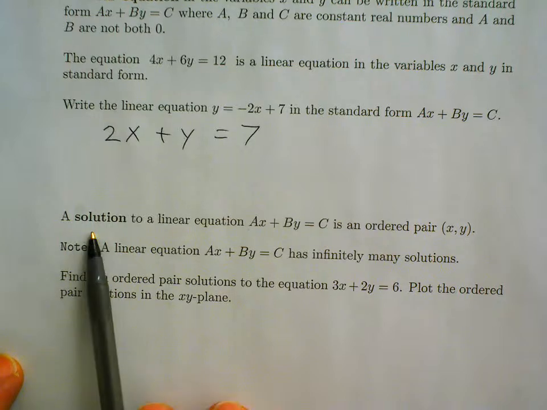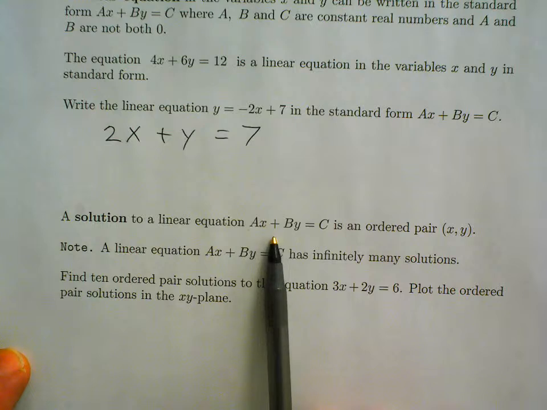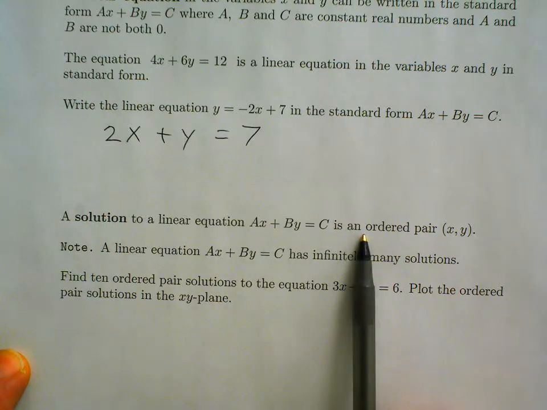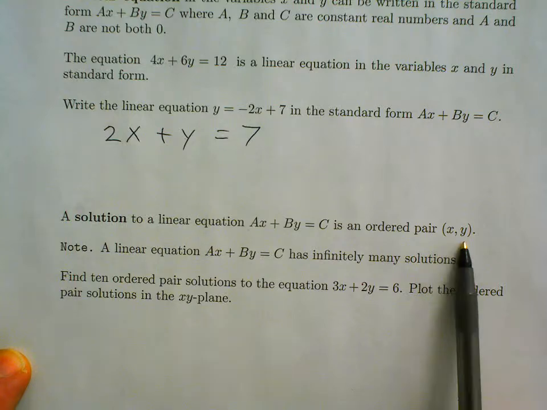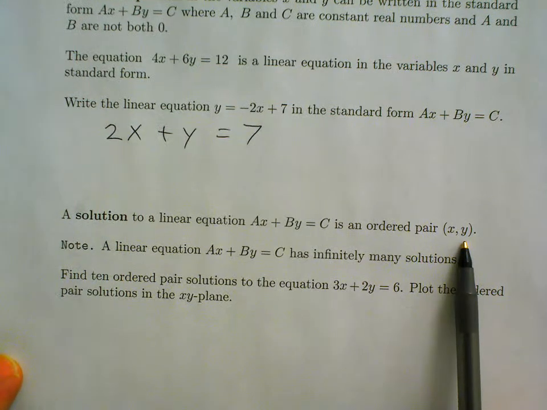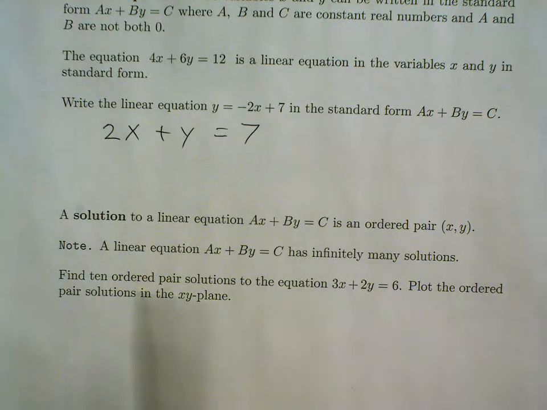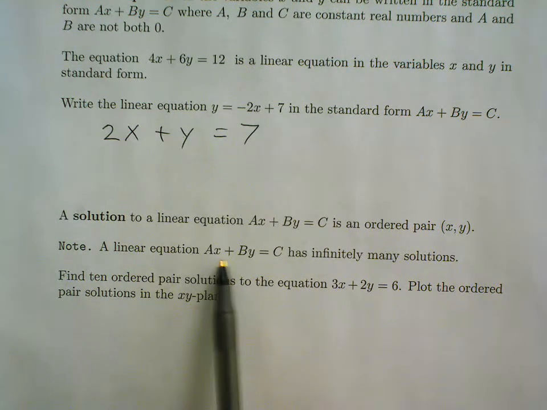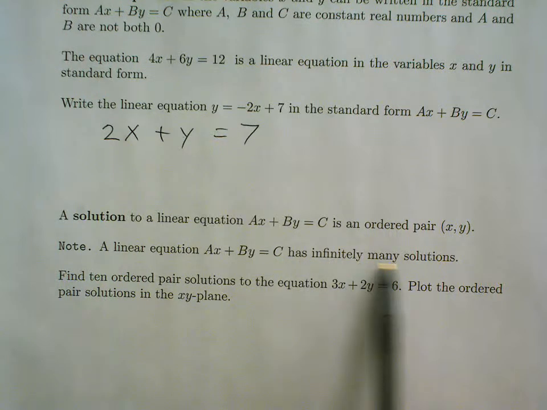Okay, the next definition, a solution to a linear equation, ax plus by equals c, is an ordered pair, x comma y in parentheses. So a note, a linear equation, ax plus by equals c, has infinitely many solutions.